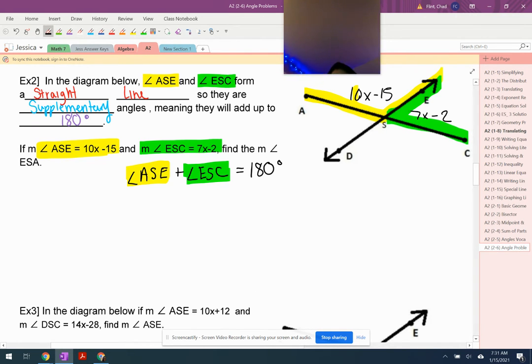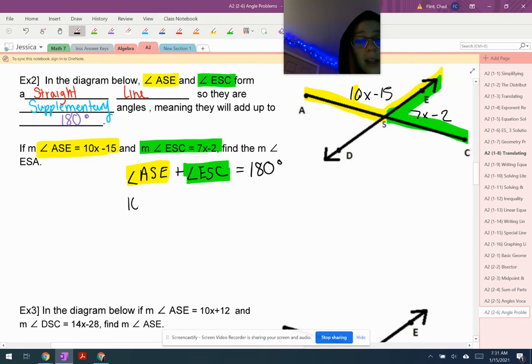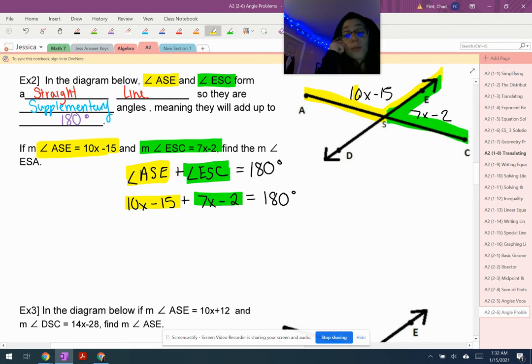Oh, I still have the keyboard attached. That's why I'm so awkward right now. So the yellow, the 10x minus 15 plus the green, 7x minus 2 is equal to 180. And that's so much easier for me to put together if I write that generic equation in the beginning. So you're really doing yourself a disservice if you're not.